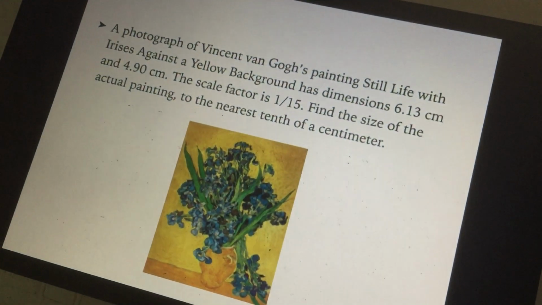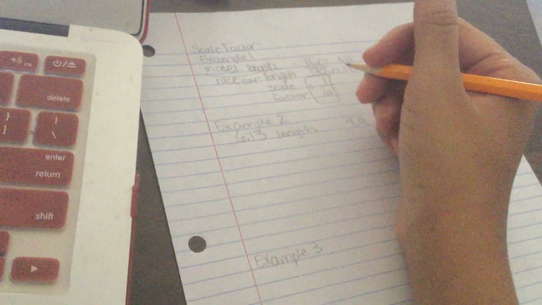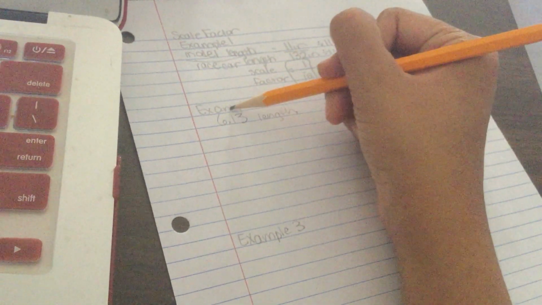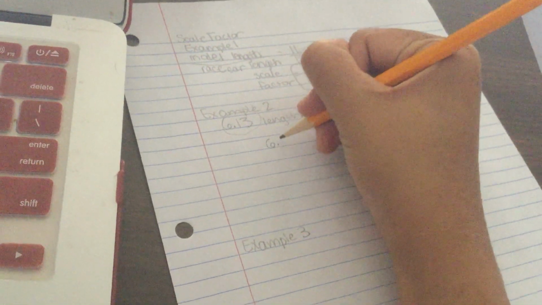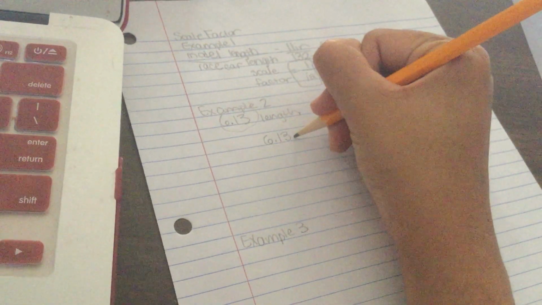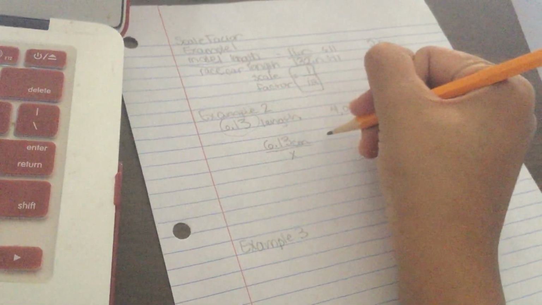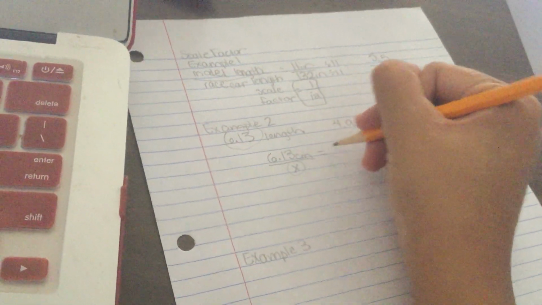Next, we want to use the scale factor and set up a proportion. First, we're going to look for the length of our actual painting. So that means I'm going to use my length value with my scale factor. It's set up like this. X represents the actual length that I don't know.